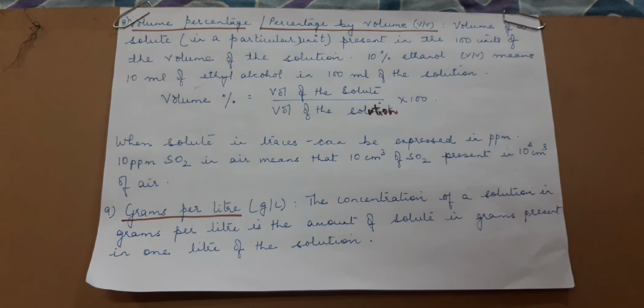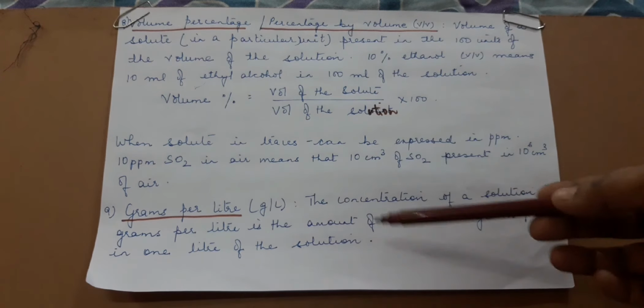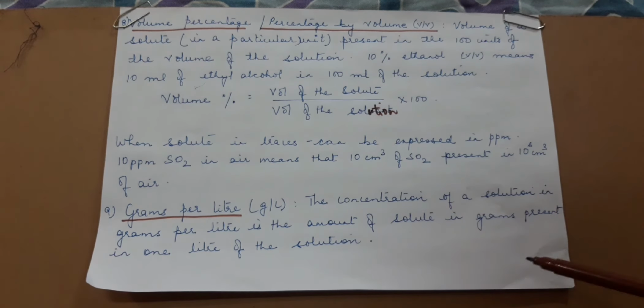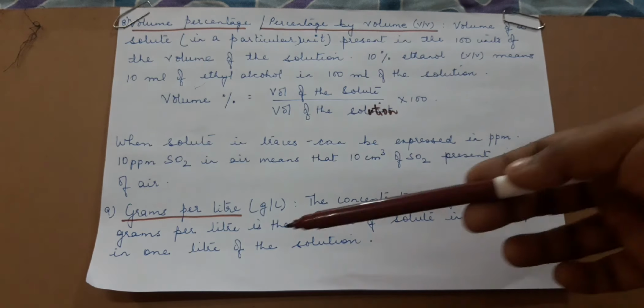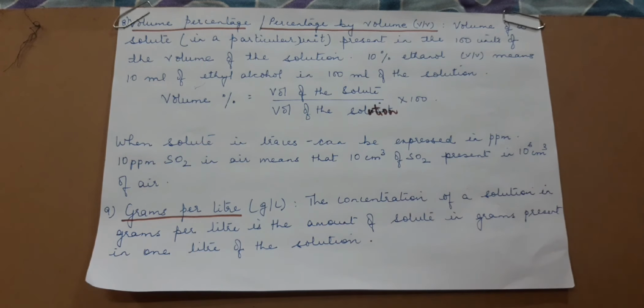Next we have grams per liter. This is simple. The name itself will tell you. The concentration of a solution in grams per liter means the amount of the solute in grams present in 1 liter of the solution.